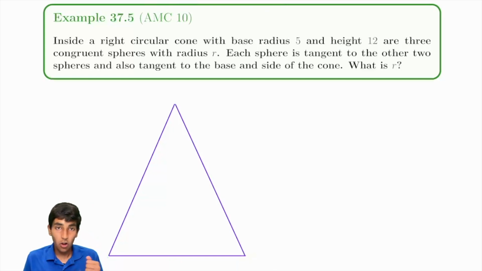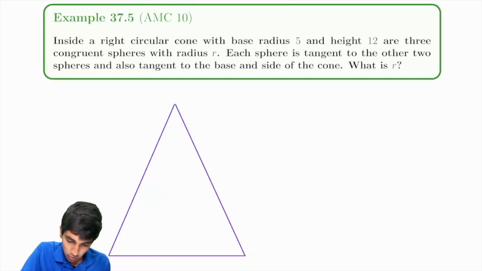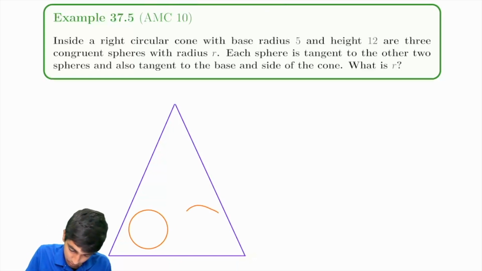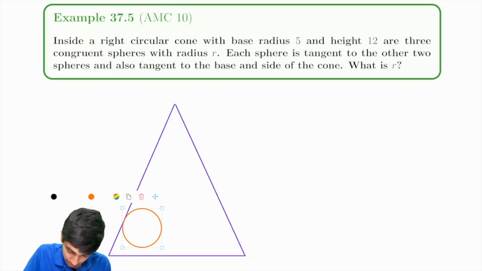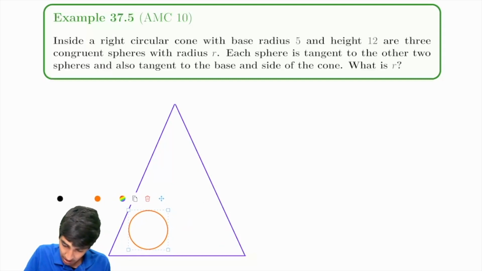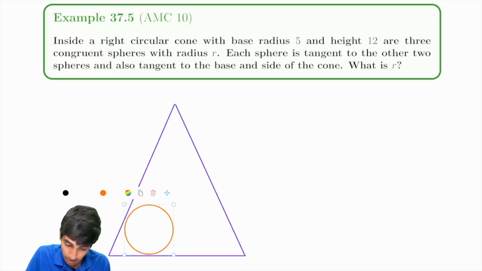Okay, so let's try and visualize what these 3 spheres will look like. We've got 2 like that. Let's make this bigger here. Each of the spheres is tangent to the other 2 spheres, but they're also tangent to the base and side of the cone.